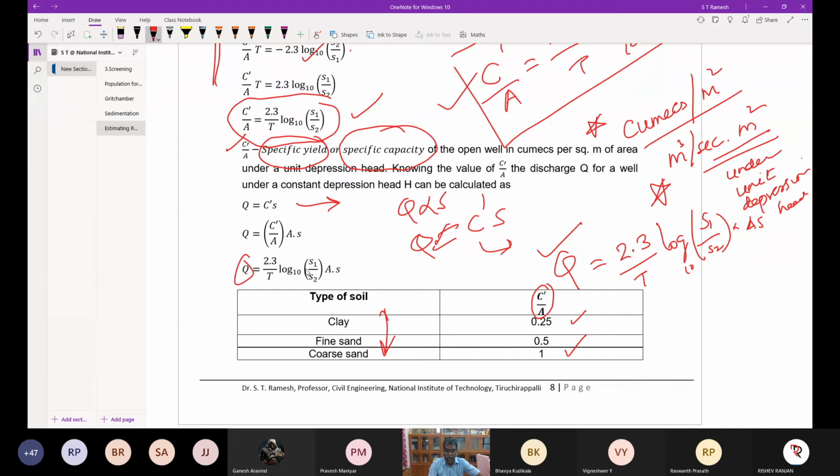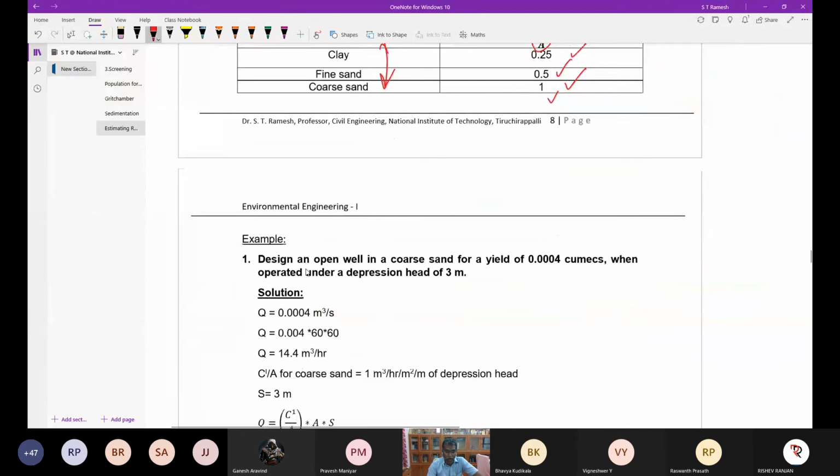You can pick it up from the tabular column: for clay it is about 0.25, fine sand 0.5, and coarse sand almost 1.